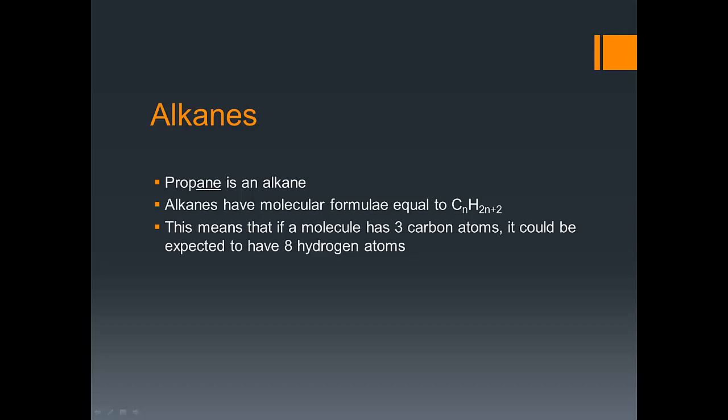So in the case where we've got 3 carbon atoms, as in propane, we're going to have 8 hydrogen atoms. So 3 times 2 plus 2 is 8. 3 times 2 is 6, plus 2 is 8. 2n+2. Count your carbon atoms, and then you know how many hydrogen atoms you're going to have in your alkane if you follow the formula CnH2n+2.